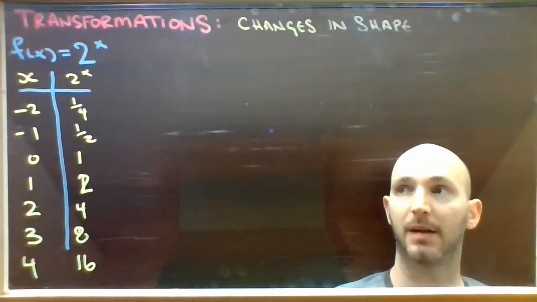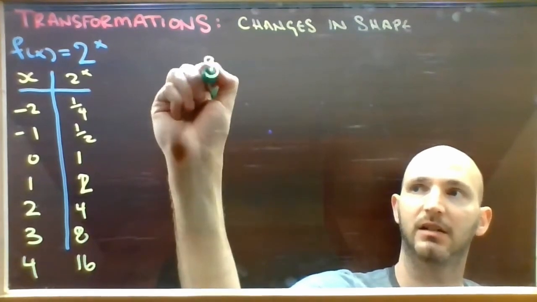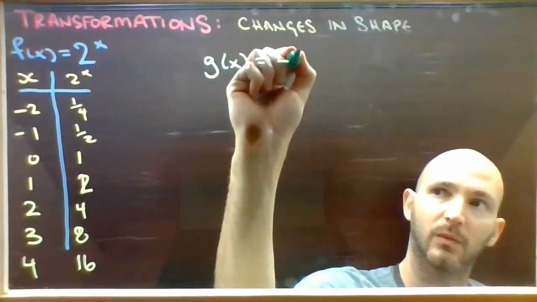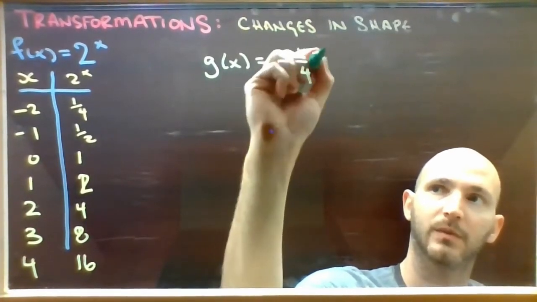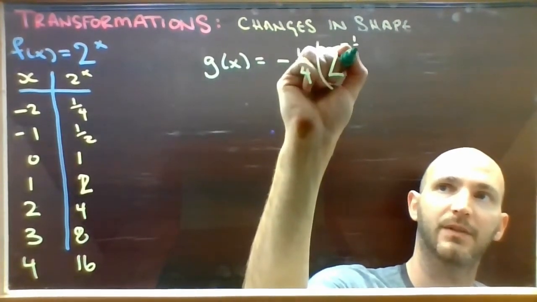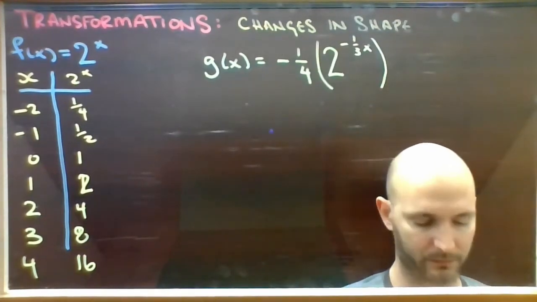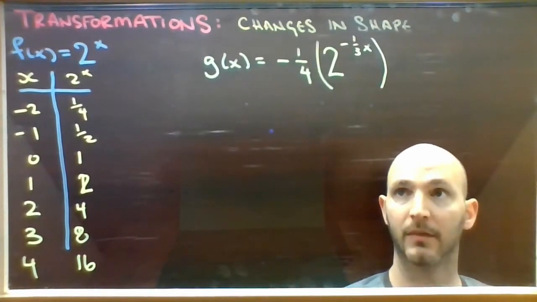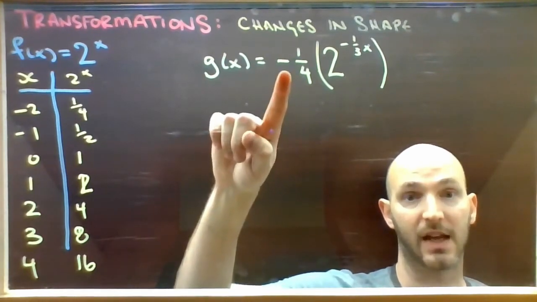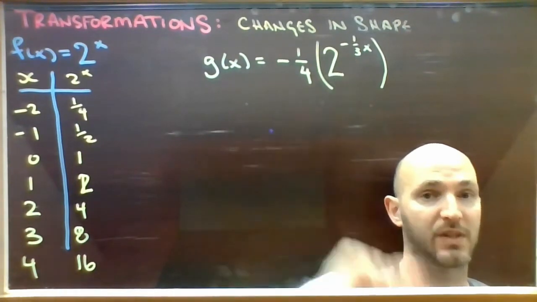And the function that I'm going to try and sketch for you is g of x equals -1/4 times 2 to the -1/3 x. Now, you notice that there's a multiplication factor out front, which is negative, and a multiplication factor inside the function, which is also negative.